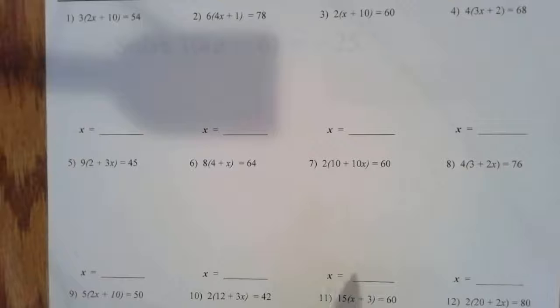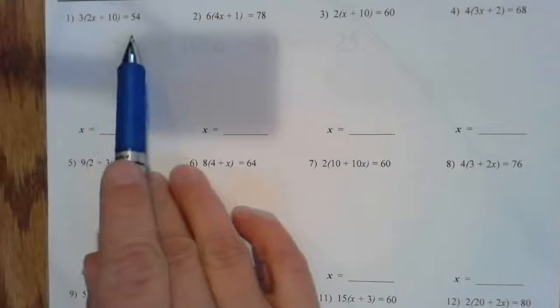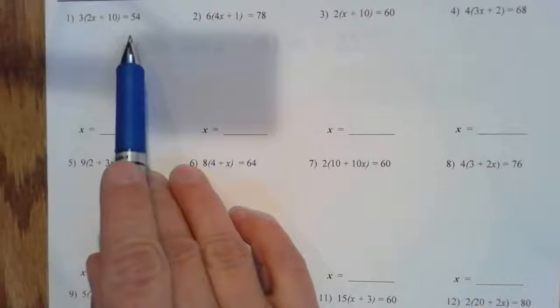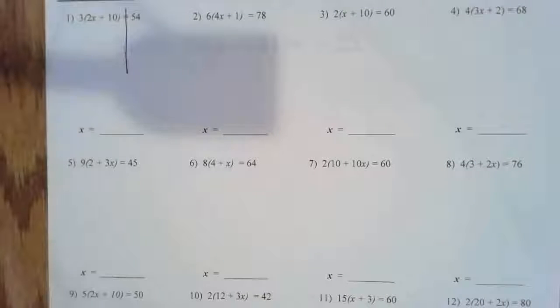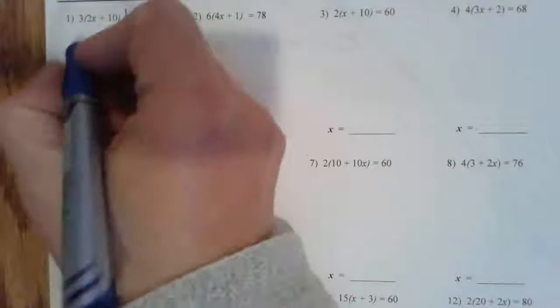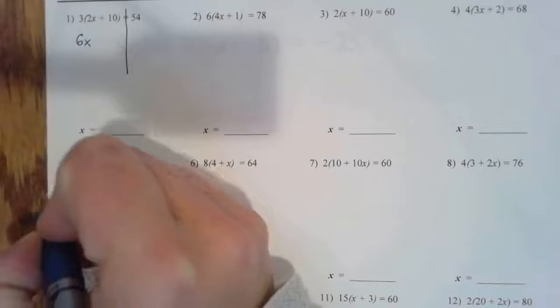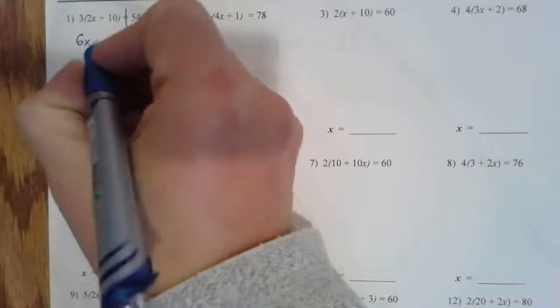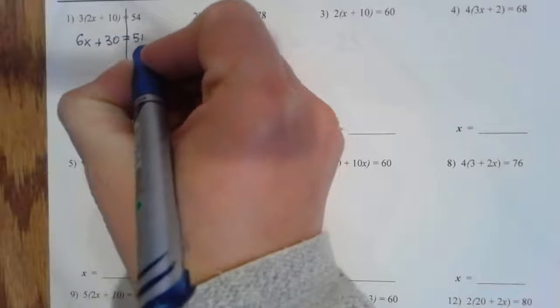Let's do a problem here on top. How to solve this problem? There are 2 ways to solve that problem, but we want to practice distributive property. So we will separate my left side from the right side, and then I'm going to use distributive property on the left. So instead of how it looks right now, I'm going to rewrite it. 3 times 2x is the same as 6x. 3 times +10 is +30, and that still equals my right side, which is 54.